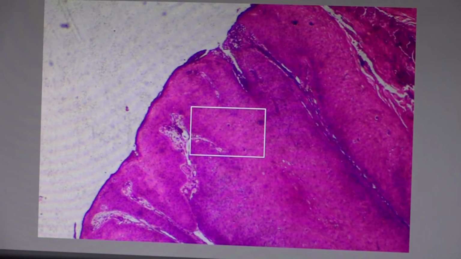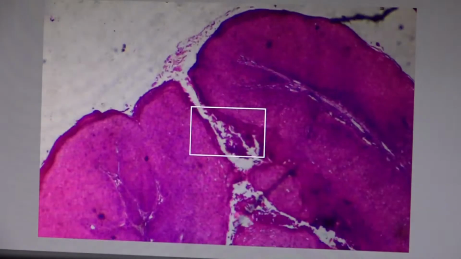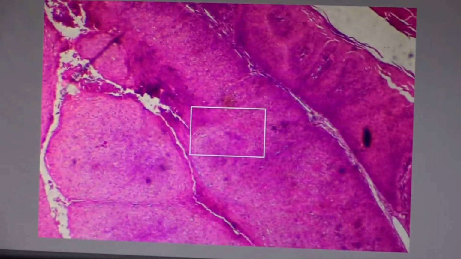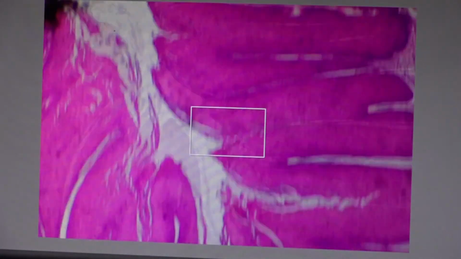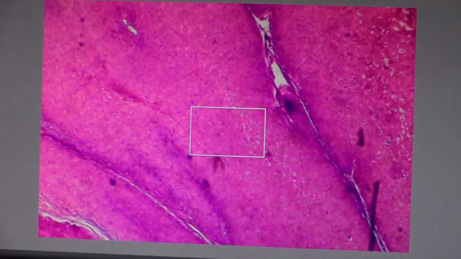Papillary configuration of squamous epithelium, benign-looking squamous epithelium arranged in finger-like shapes like this, without any atypical or malignant change.